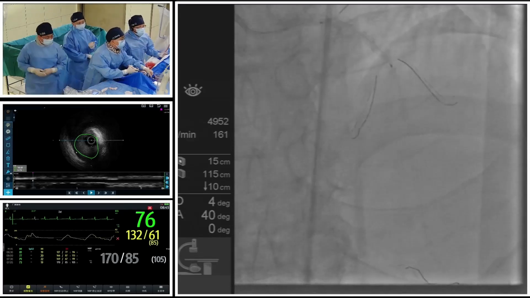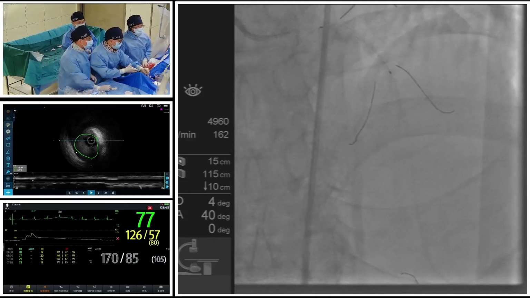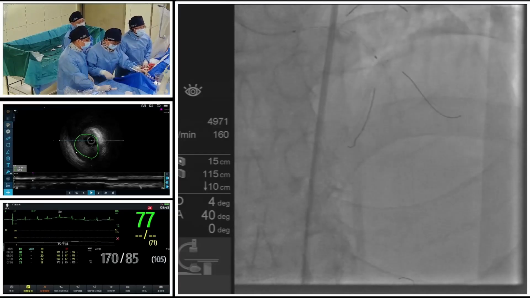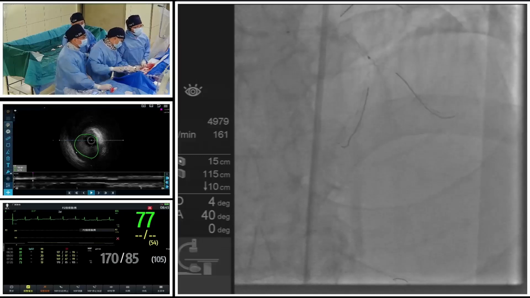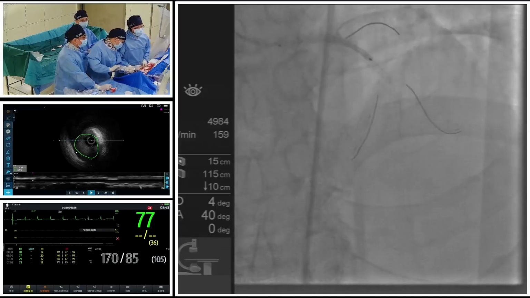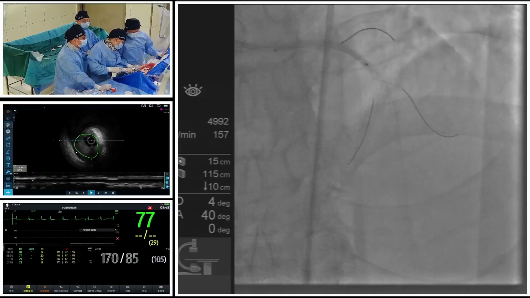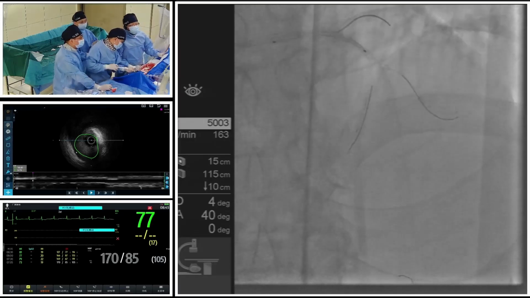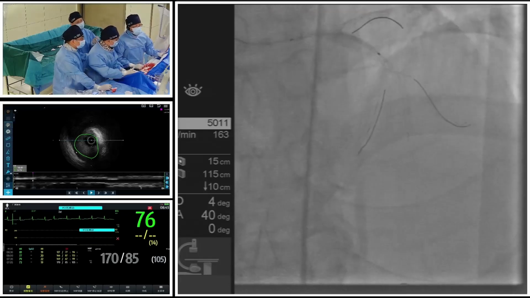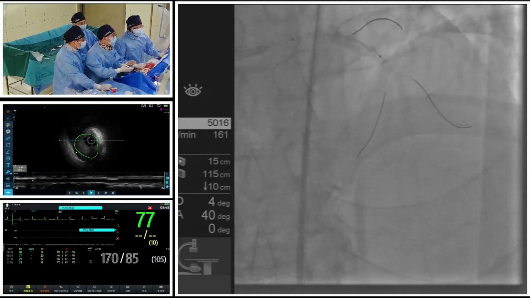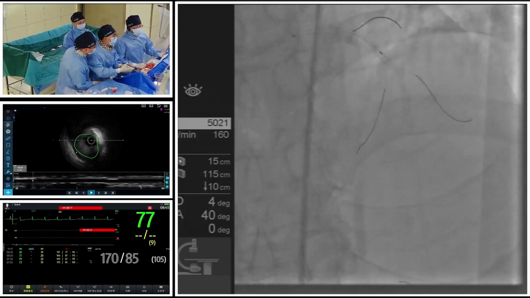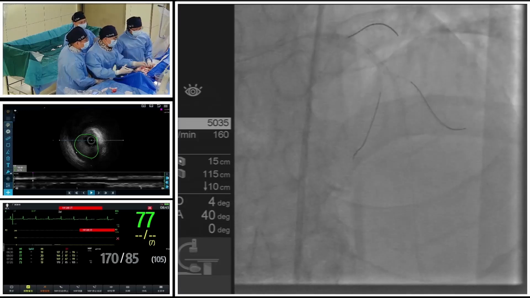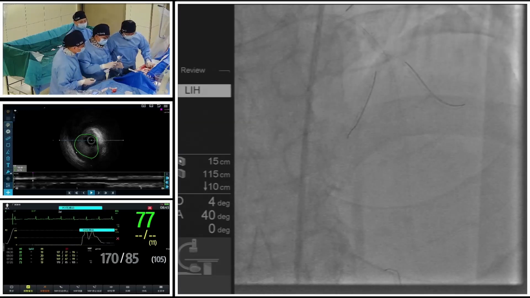So why are we performing active rotablation, which means that we are performing the rotablation first? You can see we didn't use the cutting balloon or NSE balloon first, because we want to try our best to avoid any potential dissections and hematomas. In this case, because this is a multiple bifurcation case, we need to use some time and energy to treat the distal LAD and the septal bifurcation site.